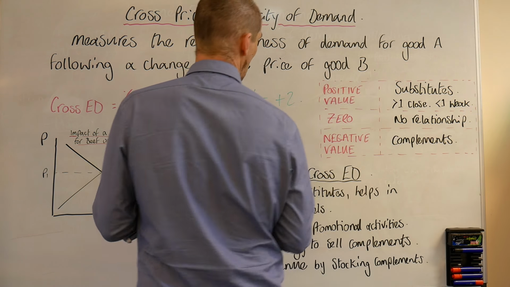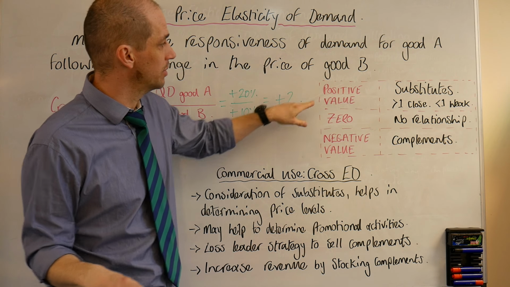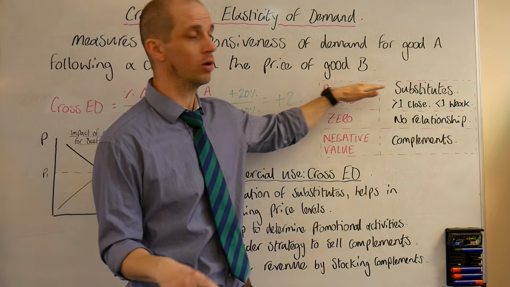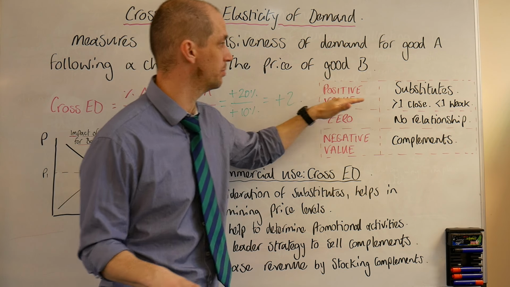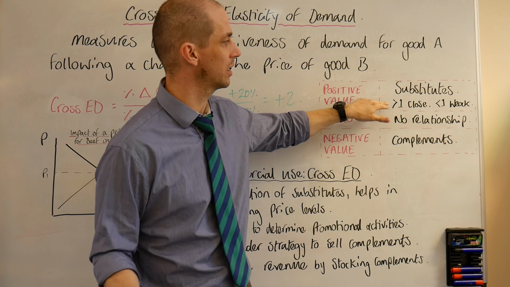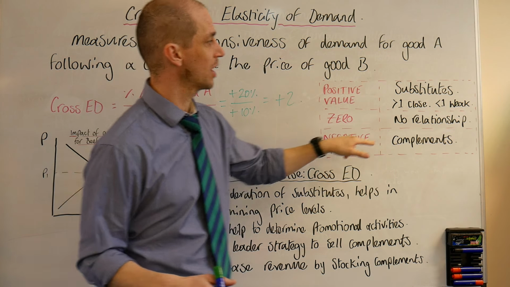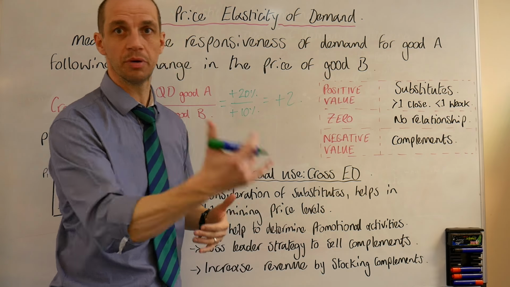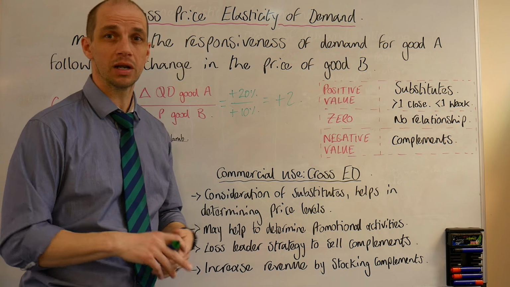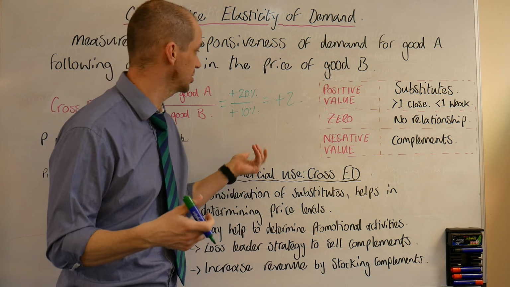Let's just have a little look at the coefficient values and what they actually mean. So we can see that a positive value really highlights the fact that they are likely to be very relatable substitutes, particularly when that value is high, i.e. greater than 1. If it's above 0 but less than 1, it's likely to be relatively weak in terms of that cross-price elasticity of demand.